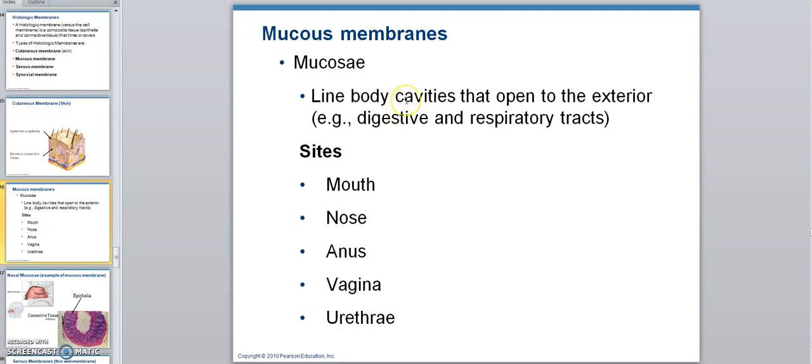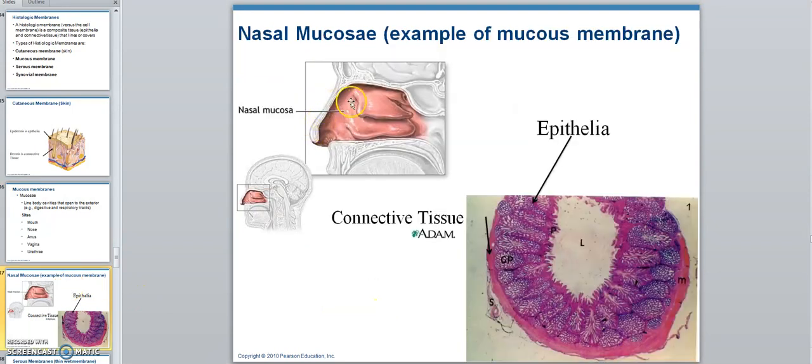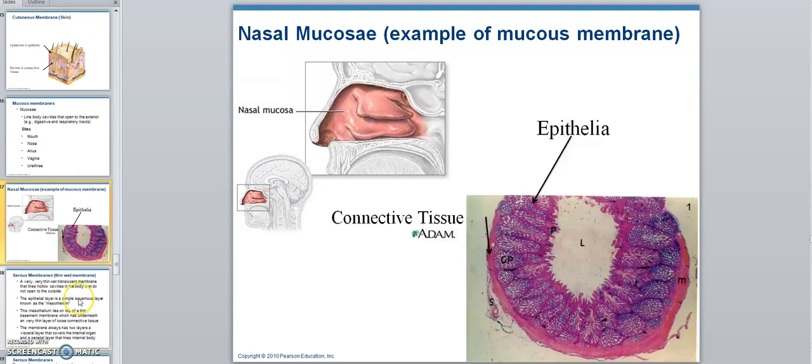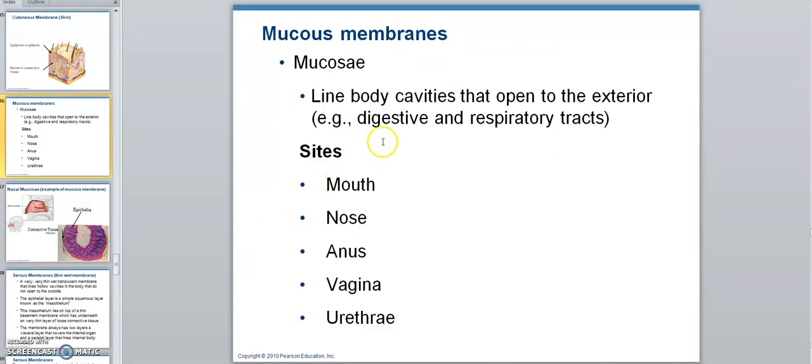So that's why I left it at lined body, open to the outside, and didn't say they always had to have mucus because of this here. Right? Here's the nasal mucosa, example of a mucous membrane. Okay? What a mucous membrane has is a layer of non-keratinized stratified squamous.